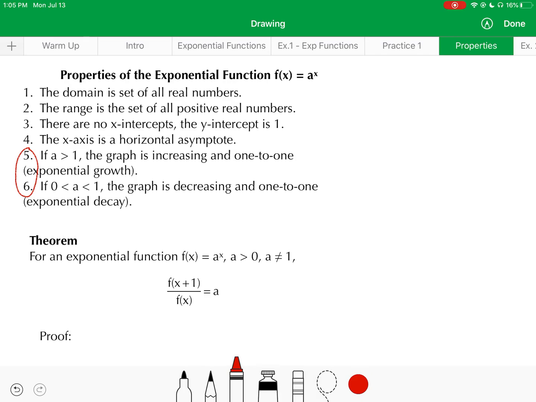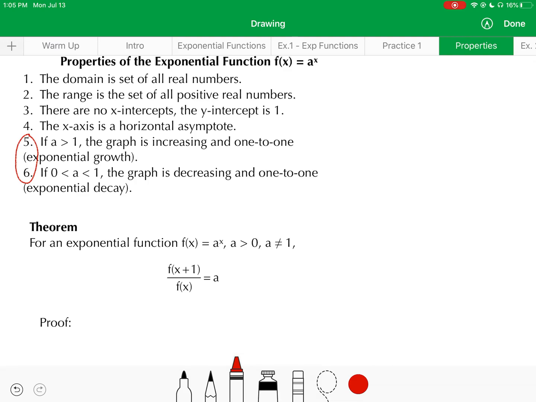Now there's also a theorem that is pretty exclusive to an exponential function of this form. Notice that f of x plus 1, if you divide that by f of x, it's always going to equal the a value, the base of the function.